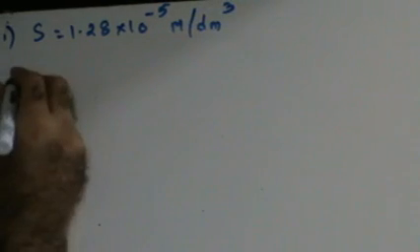Take down: the solubility of silver bromide is 1.28 into 10 raised to minus 5 moles per decimeter cube at 298 Kelvin.